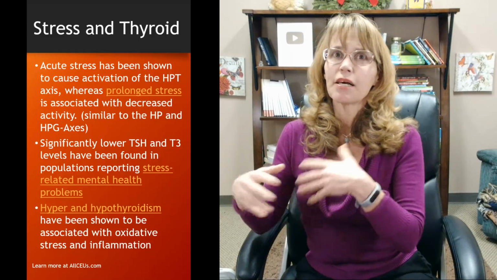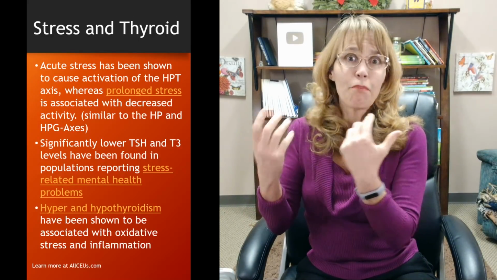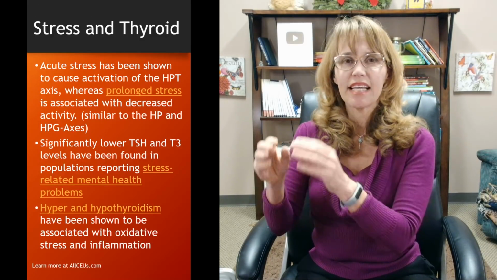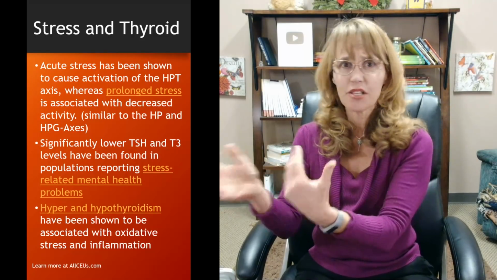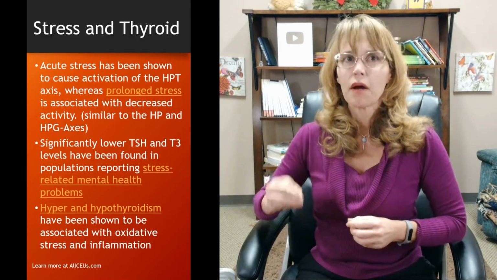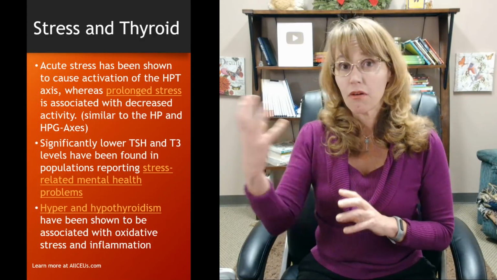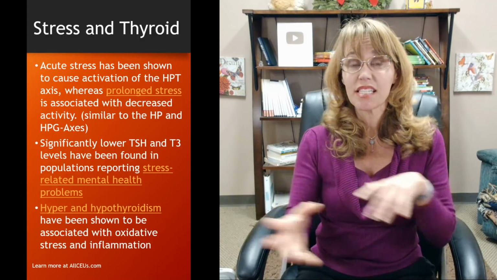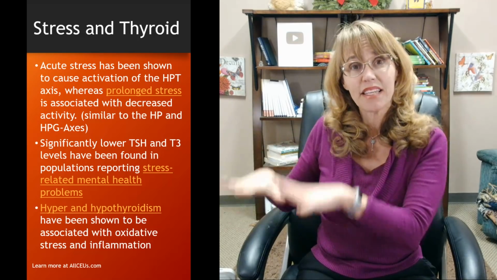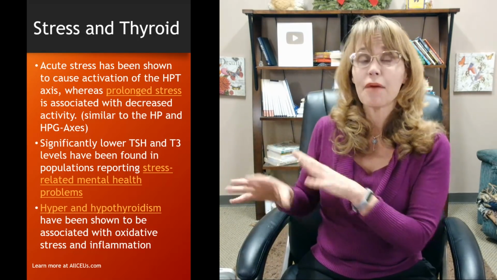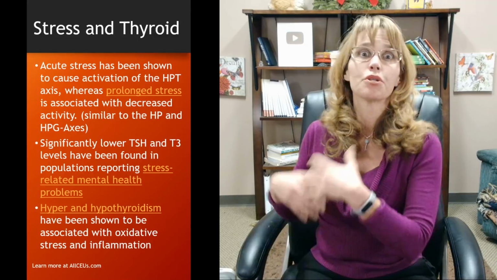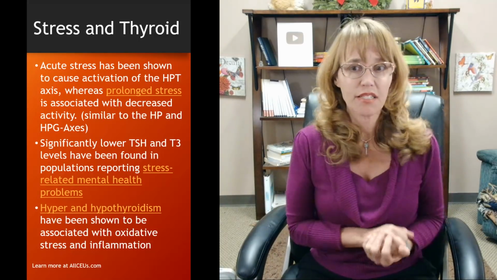But as the system gets bombarded with it continuously, eventually it actually loses its anti-inflammatory effects. It doesn't affect those receptors the same way anymore. And so we start seeing more pro-inflammatory hormones starting to circulate throughout the system, because even though the person is stressed, the system can't hold down the inflammation anymore. The inflammatory workers have kind of taken over. When we have inflammation, it produces more free radicals, which produces more oxidative stress.